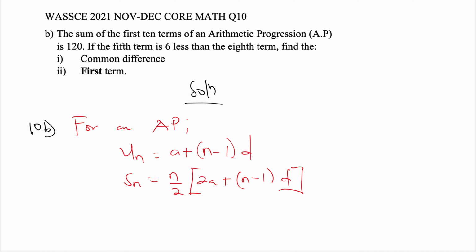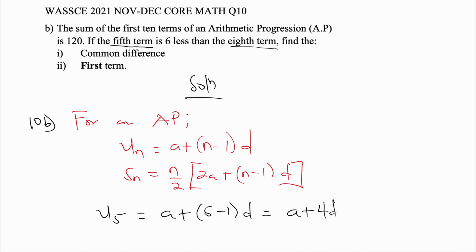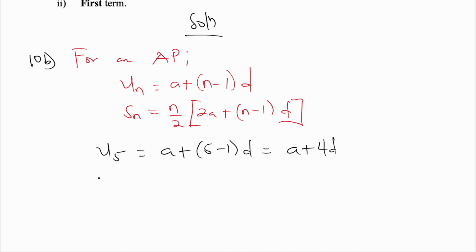So from the question, we have the fifth term and the 8th term. The fifth term is a plus (5 minus 1)d, which is equal to a plus 4d. The 8th term is equal to a plus (8 minus 1)d, which is equal to a plus 7d.